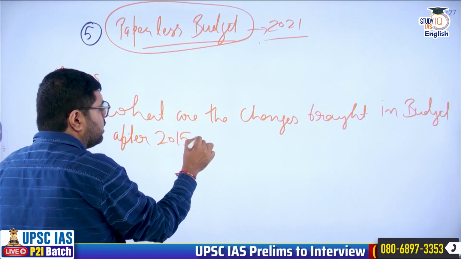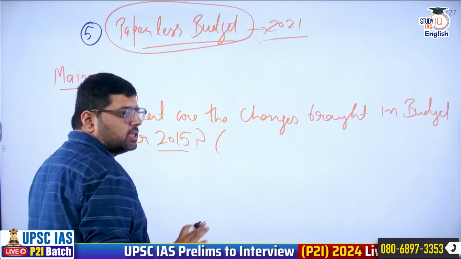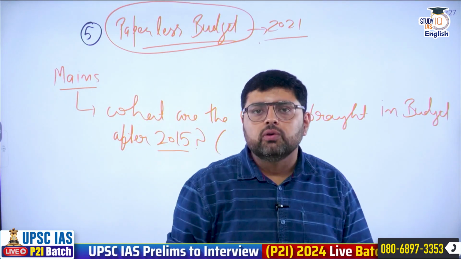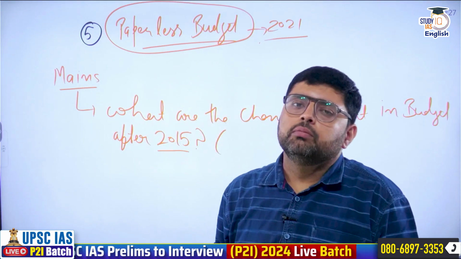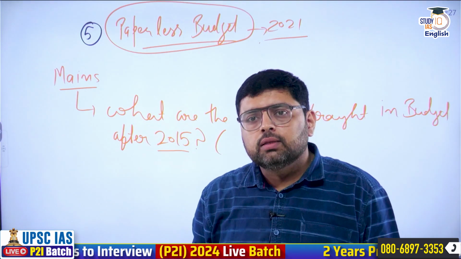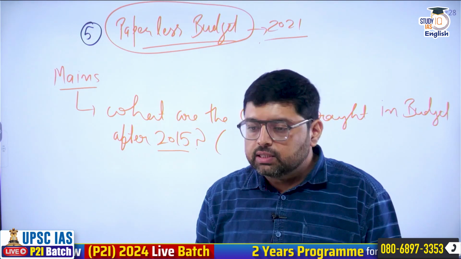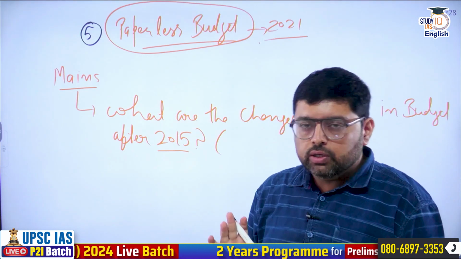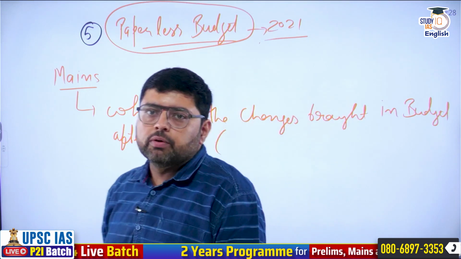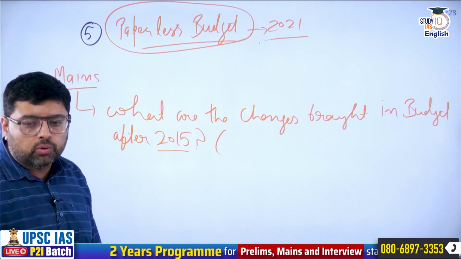Now why can you predict this question? There is a chance that UPSC can ask you this question. Because in the year 2021 they asked about the changes brought in the methodology of calculating GDP. In 2015 we brought changes in the GDP calculation methodology, and they asked the question in 2021.